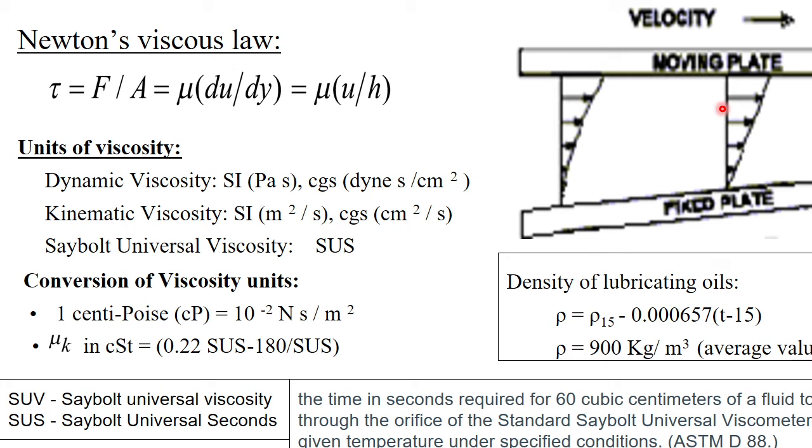Is that clear? So this viscous force is used to generate hydrodynamic action. As you see here, there is an inclined plate, and if such a flat plate is drawn over this inclined plane, you know that there will be a velocity gradient which will change, because this h value, this U by h value, is changing gradually.